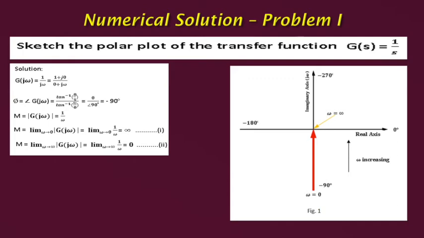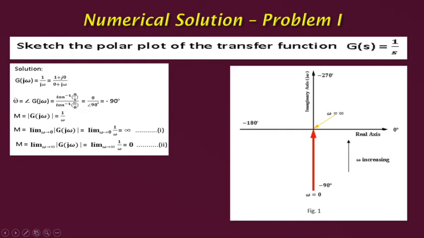We know that if any angle phi equals phi 1 into phi 2, it can be written as phi 1 plus phi 2. If phi equals phi 1 divided by phi 2, it can be written as phi 1 minus phi 2.